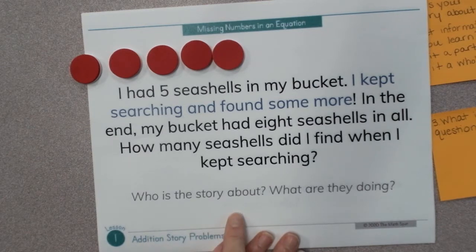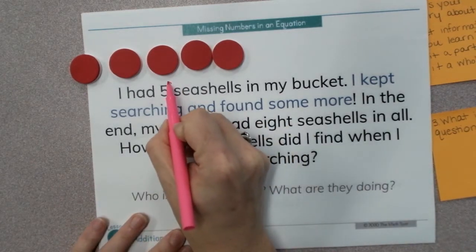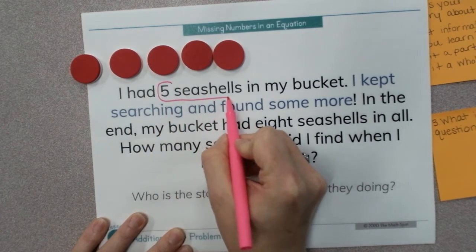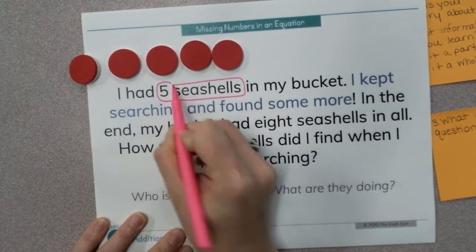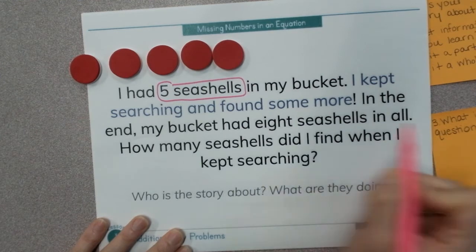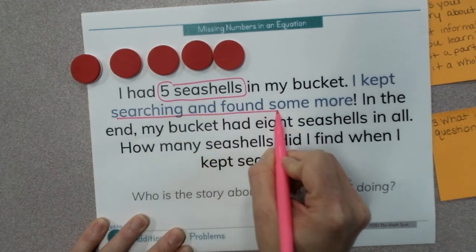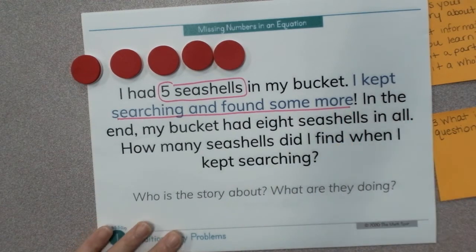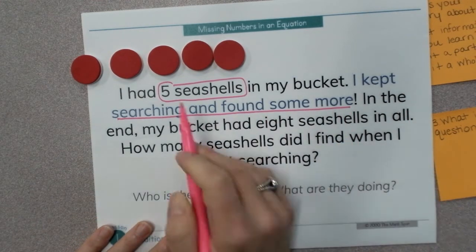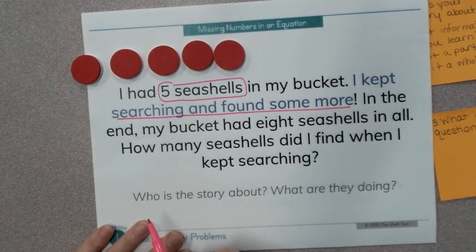So who's in the story? Or who's the story about? It's about the 5 seashells, right? Okay. And what are they doing? Well, they're searching. And they found more. Okay. So we had 5 seashells.